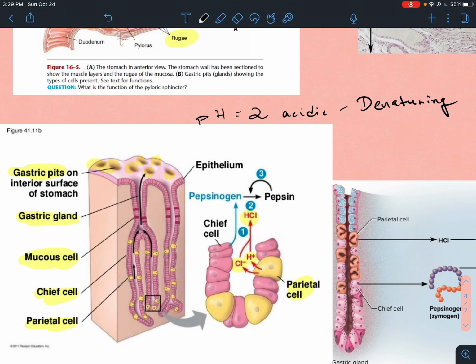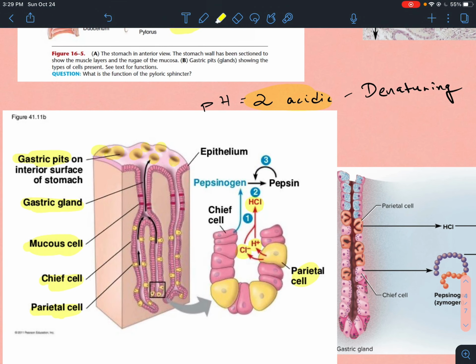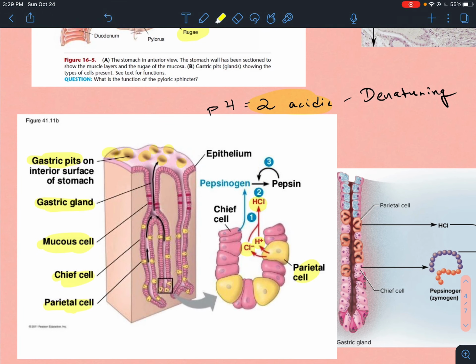This acidic pH is such an acidic environment that it can actually start to burn right through that epithelium of the stomach itself.